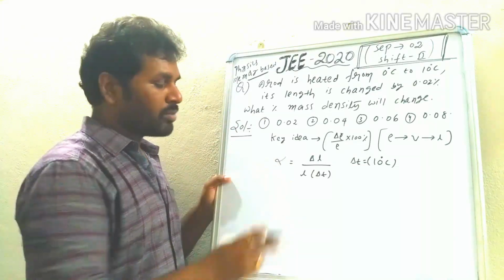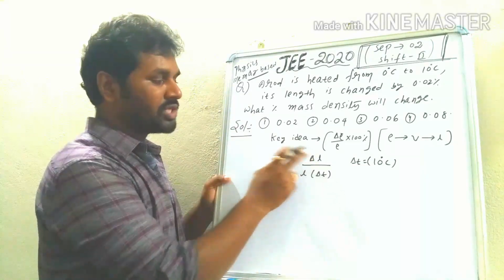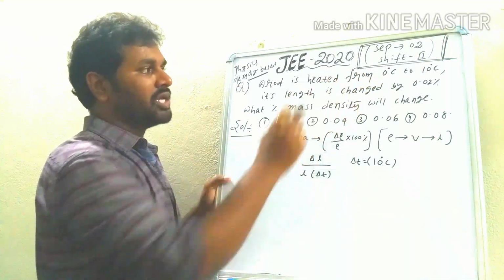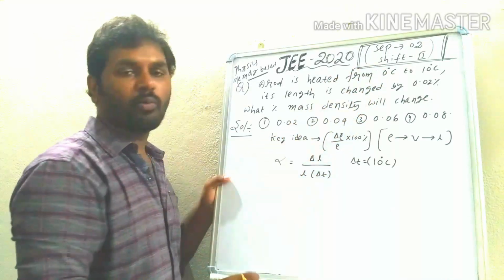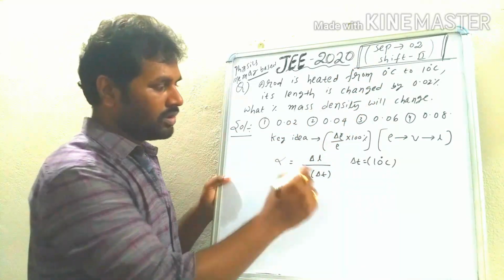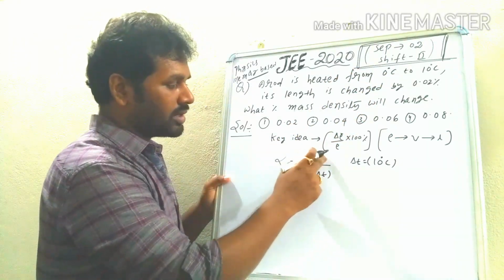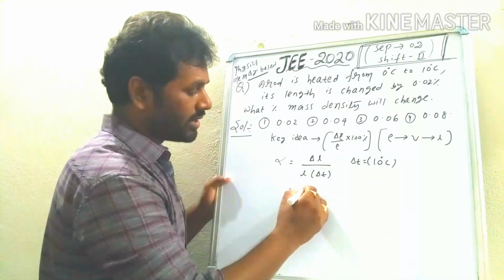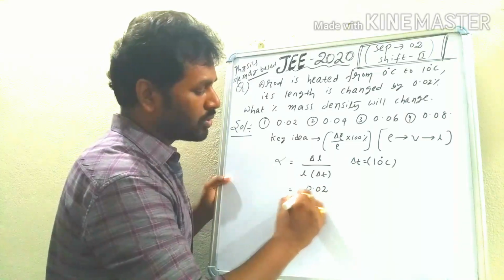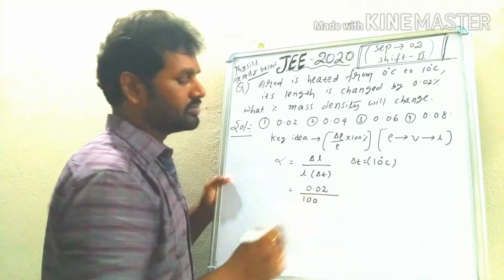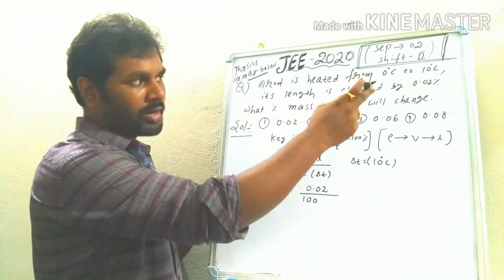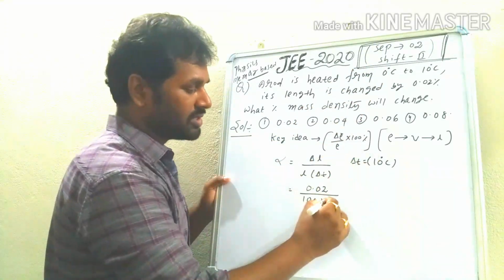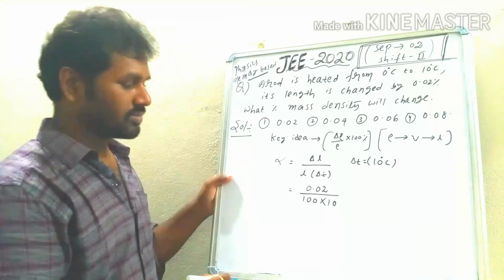We don't know the initial length and the change in length. But here it is given that the percentage change in the length of the rod is 0.02 percentage. Here we can write delta L by L is replaced with this value. You will get 0.02 divided by 100, which is 0.02 percentage, divided by the change in temperature, 10 degrees Celsius.